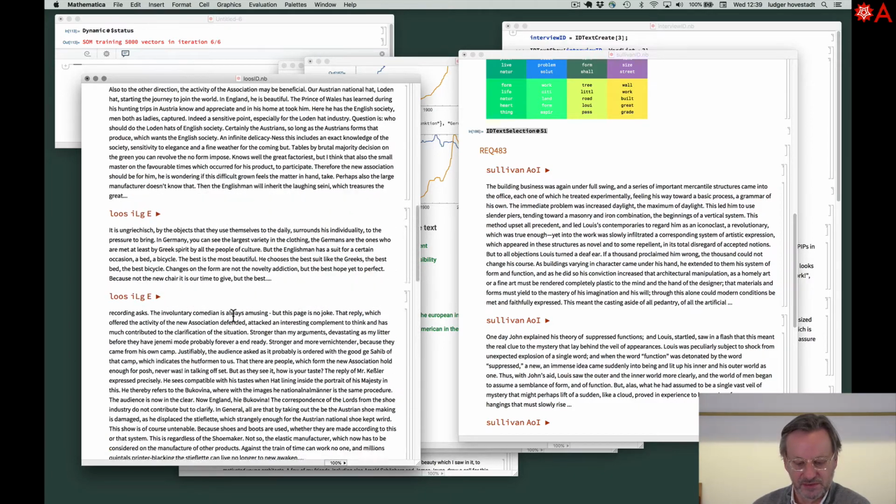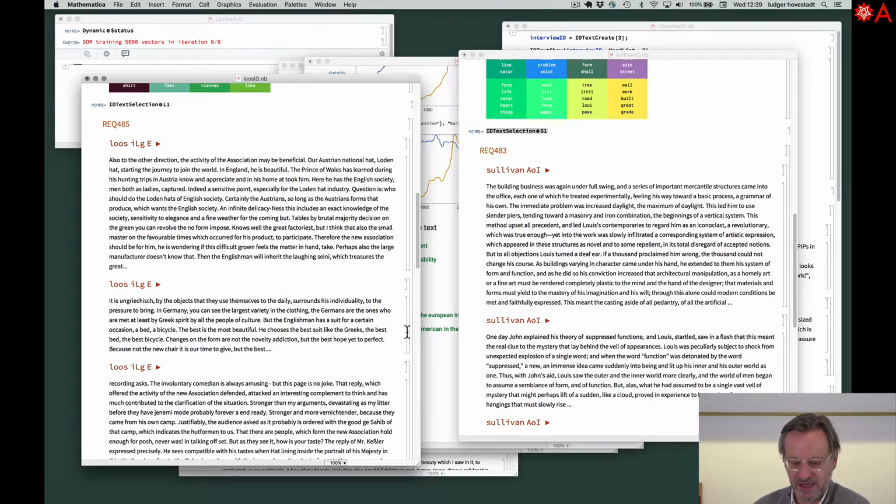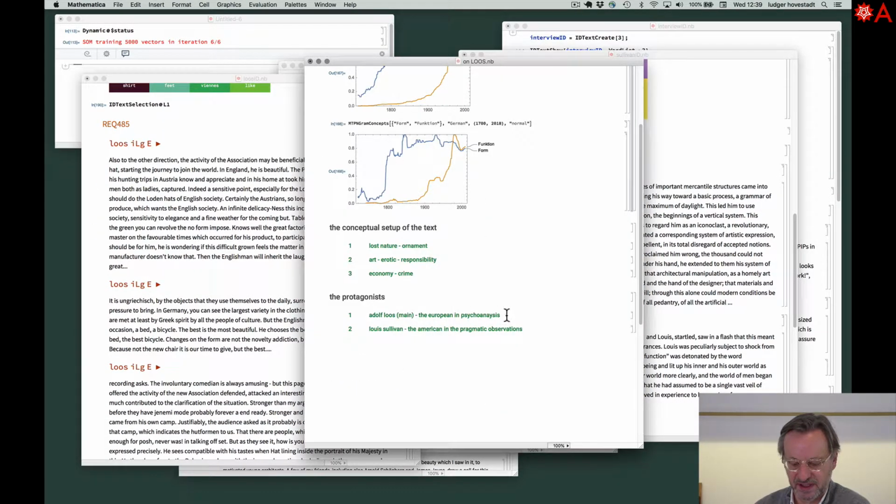Because Loos is with Vienna, I would simply say the European and the psychoanalysis of form, to make it drastic, observation of form, to make it a first graspable thing they can talk about.